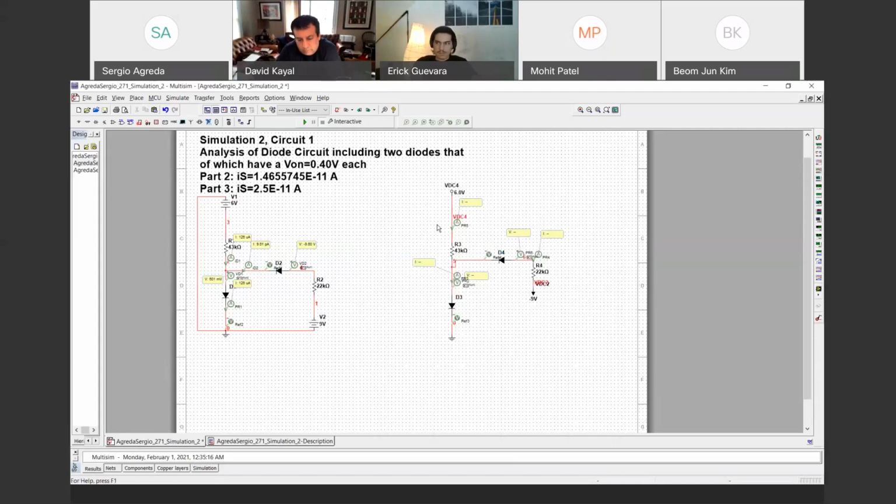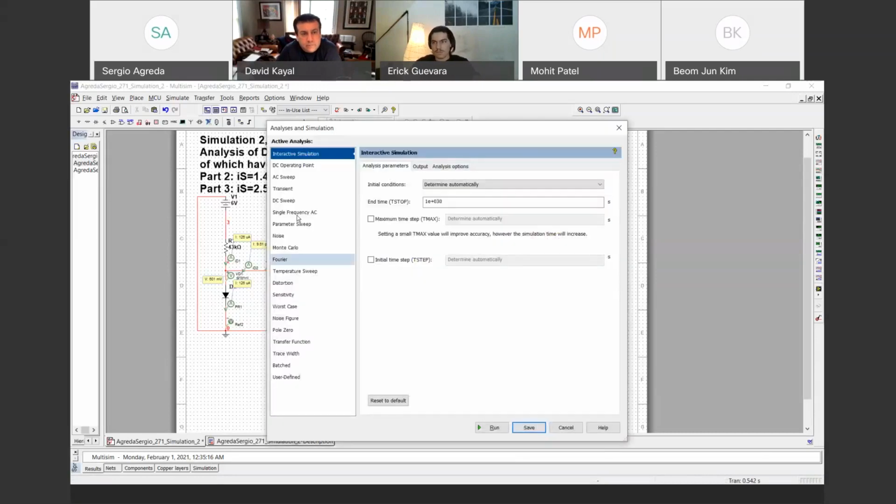Now, we should be ready to simulate this. And to simulate it, just a quick mention, you'll use different types of simulation and analysis that Multisim does, the different types of functions and ways you look at a circuit.